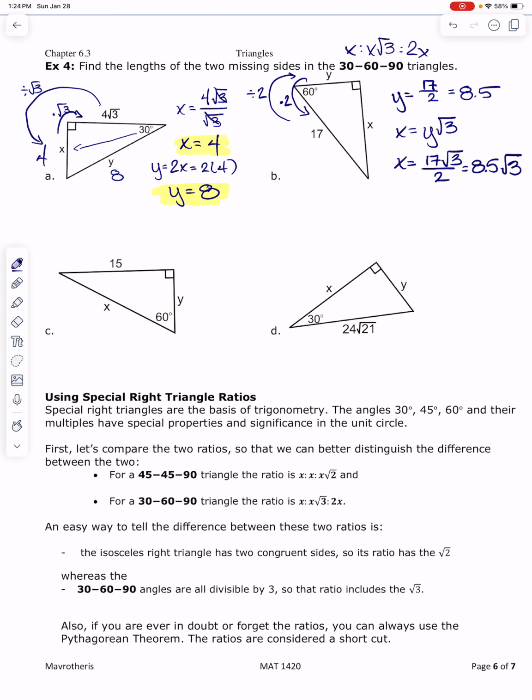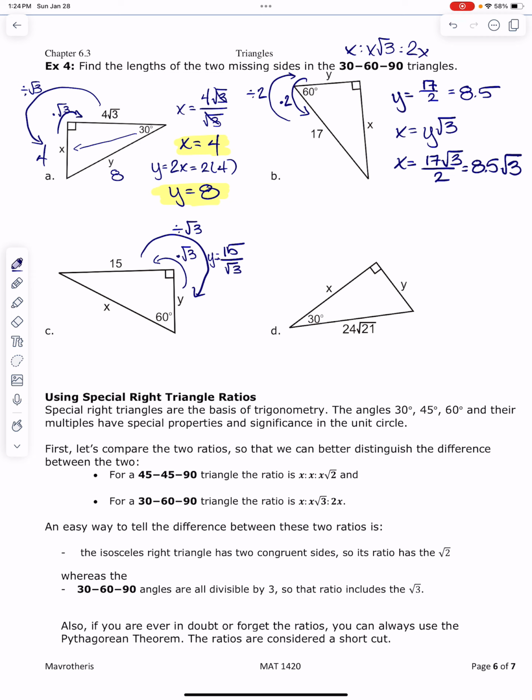C, we have the long leg. It is opposite that 60-degree angle. So to go from the short leg to the long leg, we multiply by square root of 3. To go the other direction, we're going to divide by the square root of 3. So I have 15 divided by square root of 3. I guess I should put y equals.